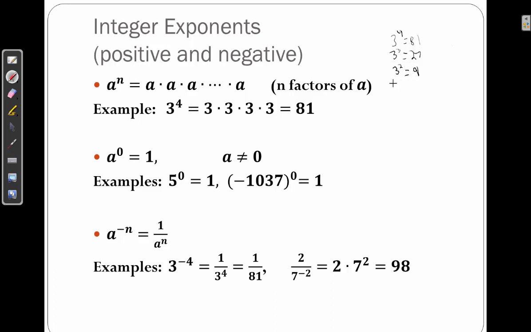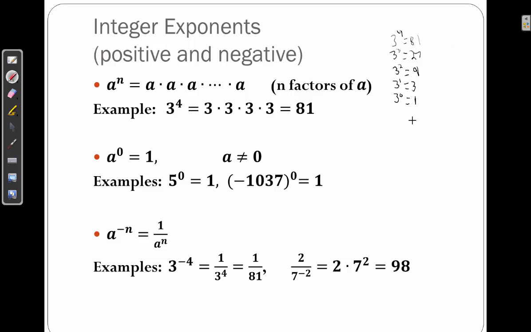And I'm sure you're familiar, if you raise something to the first power, it just gives you the number back. But if you notice, getting from a power to the previous power is just a matter of dividing out the base. So you take 81 divided by 3, you get 27. Divide by 3, you get 9. Divide by 3, you get 3. And if you divide by 3 again, you get 3 to the 0, which is just 1.